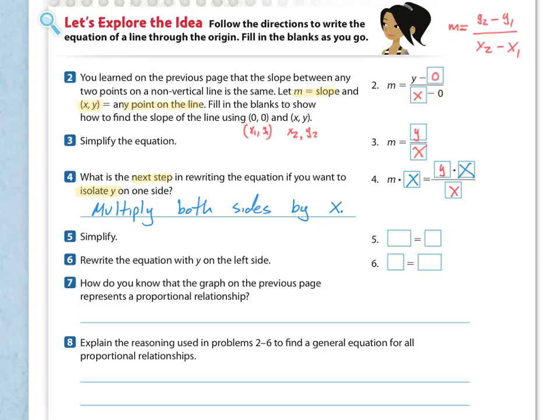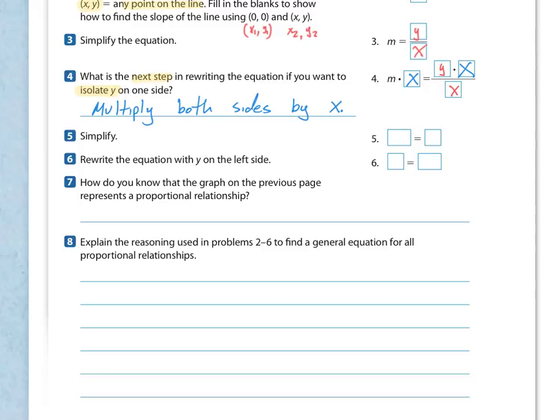Okay, show me with your hands. How do you feel so far? Now, the next step, it tells you to simplify. So what we're going to do is we are not going to write the x's anymore on the right side. So we're only going to write mx equals y.